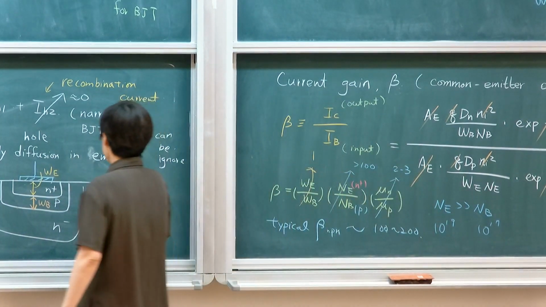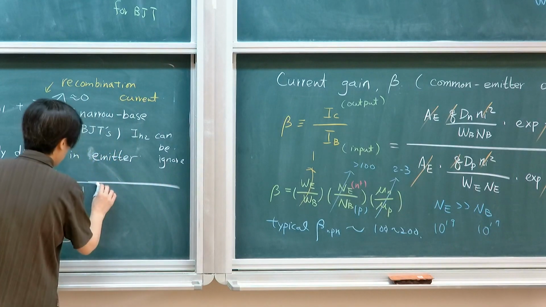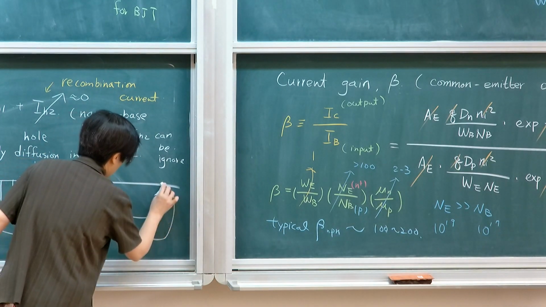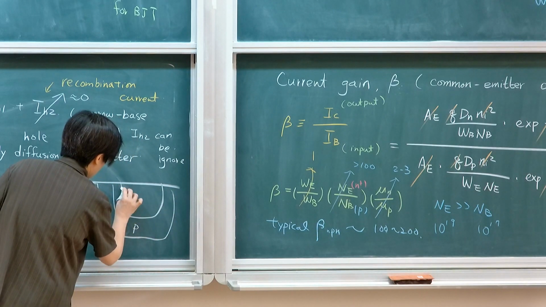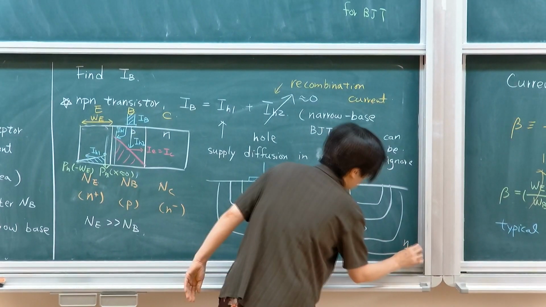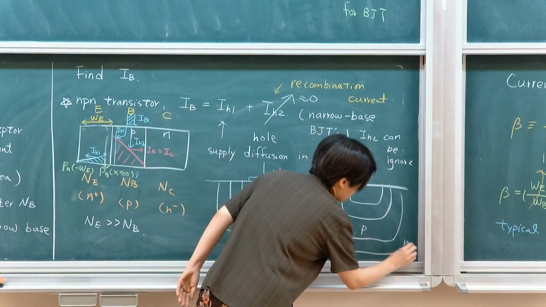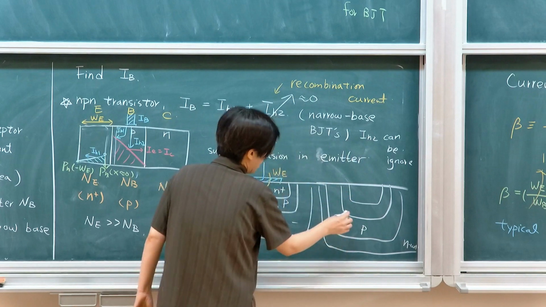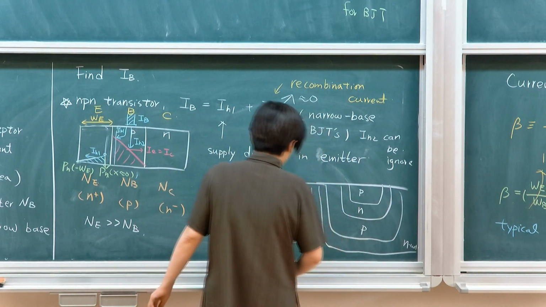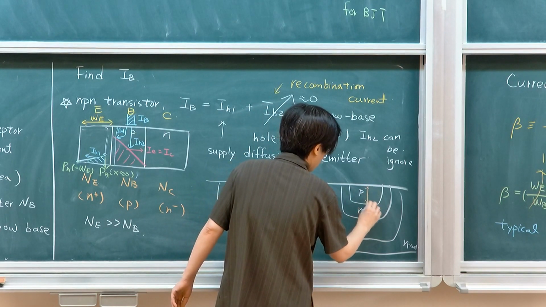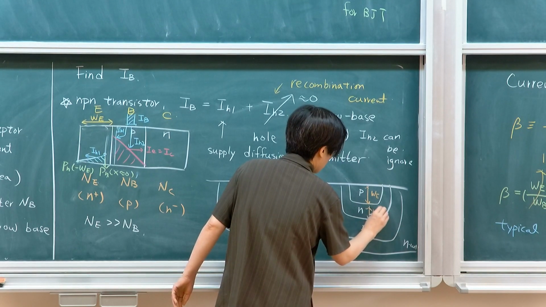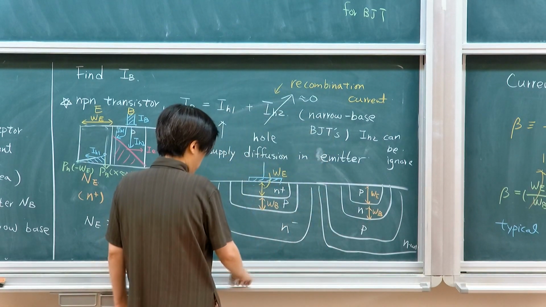For example, if I'm building a PNP, so for example, this will be a P. You might need to have an N well to isolate from the ground, but it doesn't really matter. If I'm building the same thing with P and P, with the same WE, same WB, the counterpart will be your PNP.